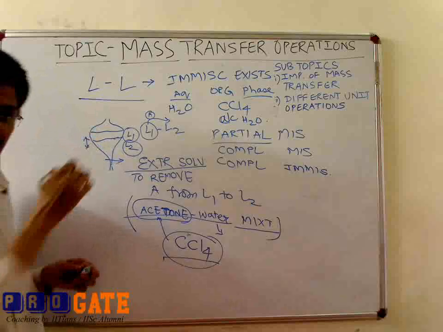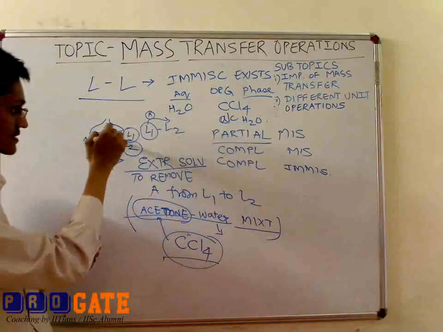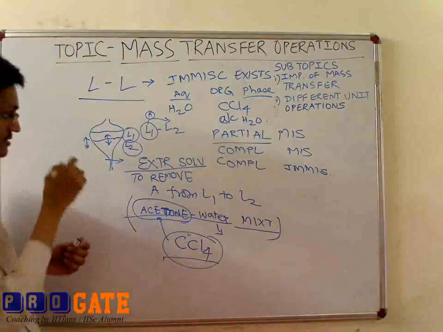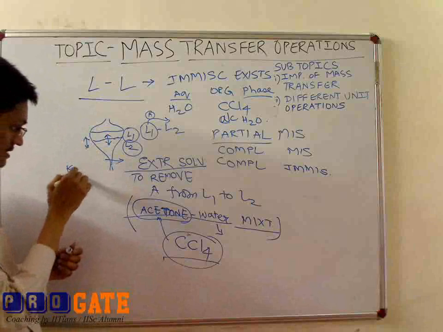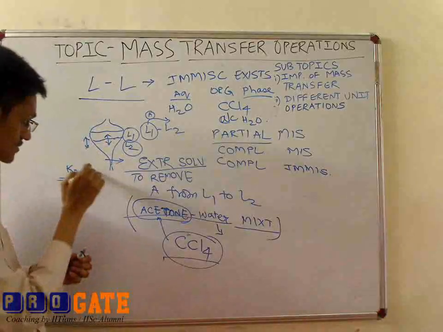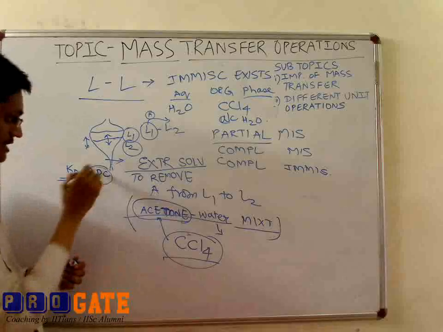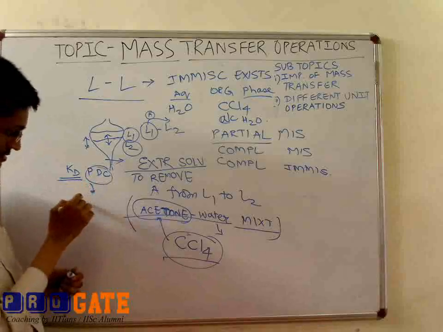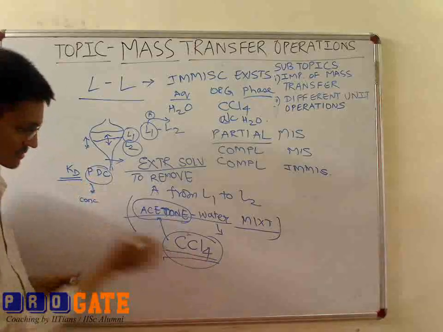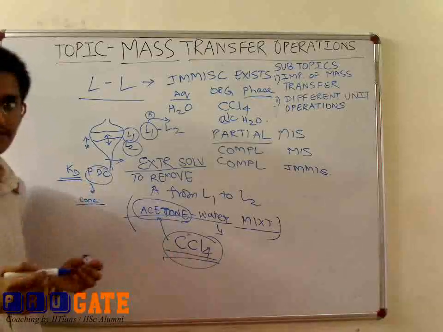The solute, which is the acetone, gets transferred between the two phases, and depending on its affinity towards the phases as well as the distribution coefficient or the partition distribution coefficient, you get finally more of acetone in the CCl4 because of affinity towards the organic phase.